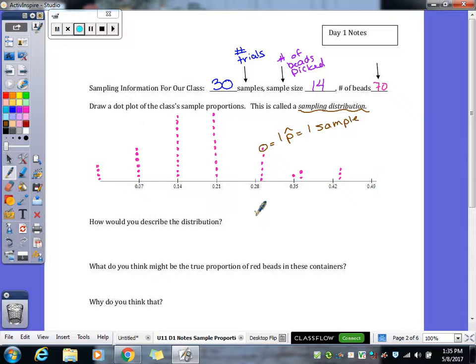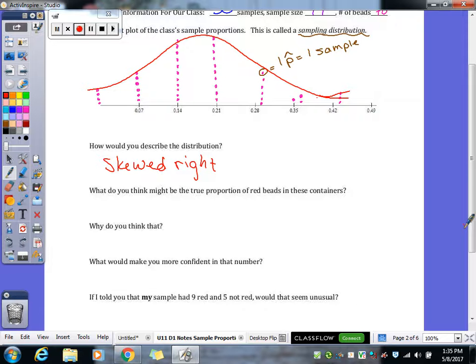So how would you describe our distribution up here? Would this be symmetric, skewed right, skewed left? What would it be? Yeah, this one looks a little more skewed right. So what do you think might be the true proportion of red beads in this container?